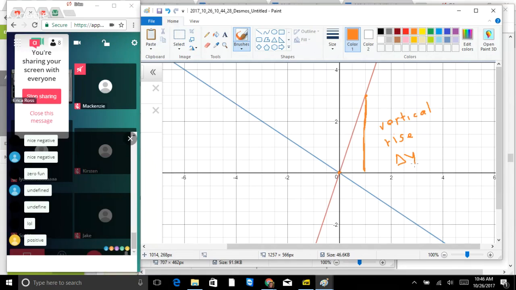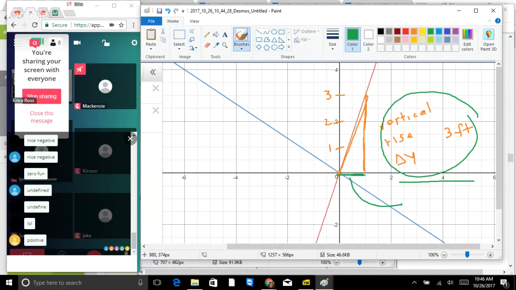So to ski up my hill from here to here, okay, I went up, this is 1, 2, 3, we'll say we go up 3 feet. Okay, we'll call this feet. So my change in my Y's, my rise is 3 feet. All right. And then I look at the rise, and it's the ratio of that over my run. So my run is going to be right here. All right.